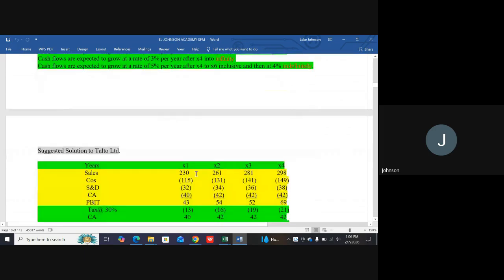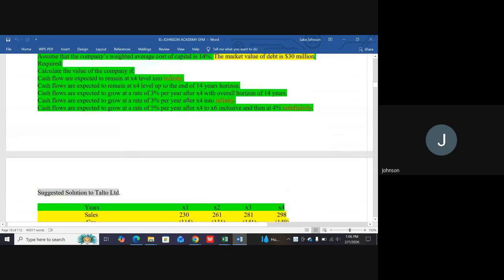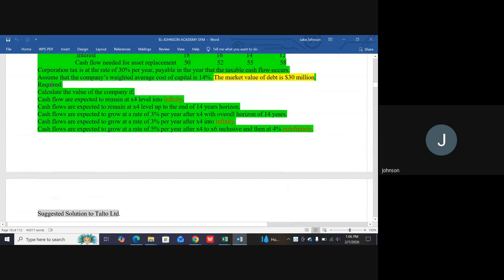So the question says to assume that the company's weighted average cost of capital is 14%. The market value of debt is 30 million. Required: calculate the value of the company if certain information is considered.